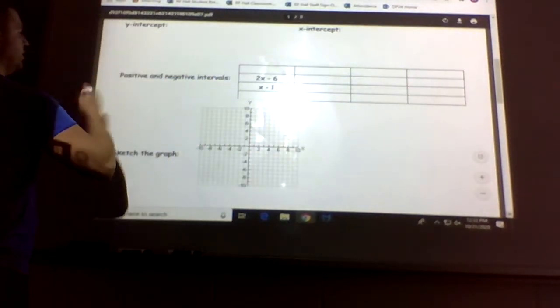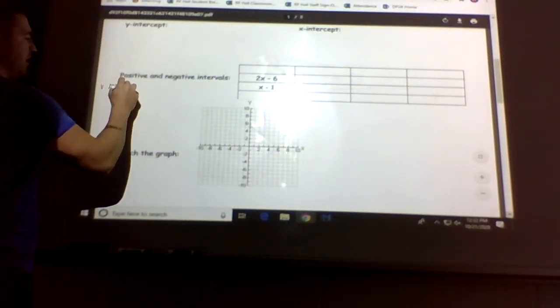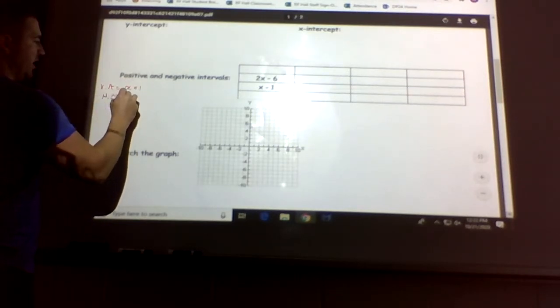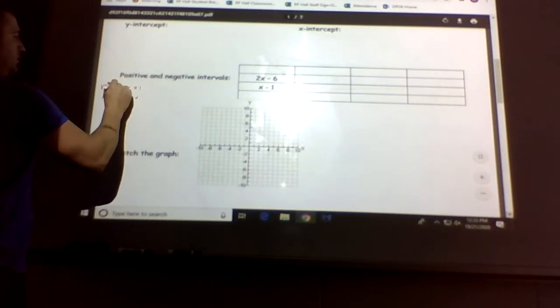So let's go right over here. Our vertical asymptote is x equals 1. Our horizontal asymptote is at y equals 2.